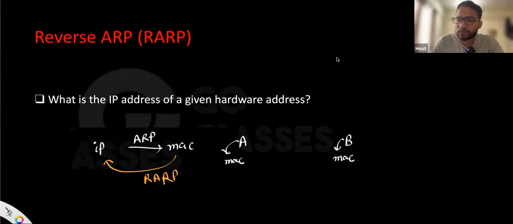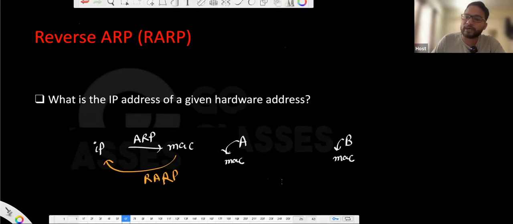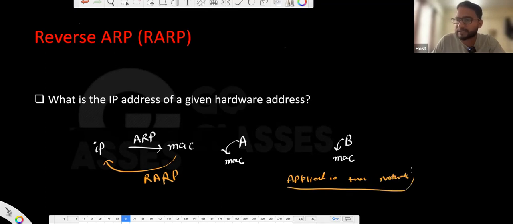Which layer does the NIC belong to? No, the NIC doesn't belong to any layer as such. The application layer, transport layer and network layer are generally implemented in your operating system. The hardware part is the data link layer. I think I have talked about it in one of the theory videos, the data link layer video. The data link layer is generally implemented in the NIC using hardware.